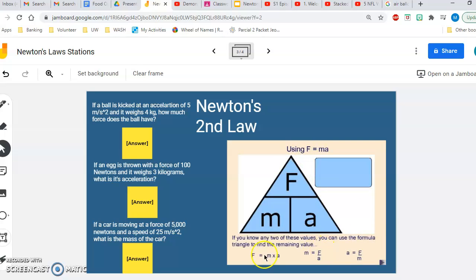So if we're trying to solve for our force, we'll use this first equation. If we're trying to solve for our acceleration, we'll use this third equation. If we're trying to solve for our mass, we'll use this one. So it's as easy as just plugging our numbers into our formulas, using the right formula, and then I just want you guys to put your answers here, and then make sure that your units are in the right ones. Those are always important to have our units correct.